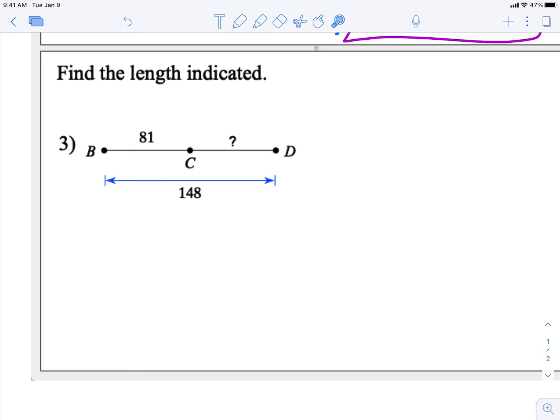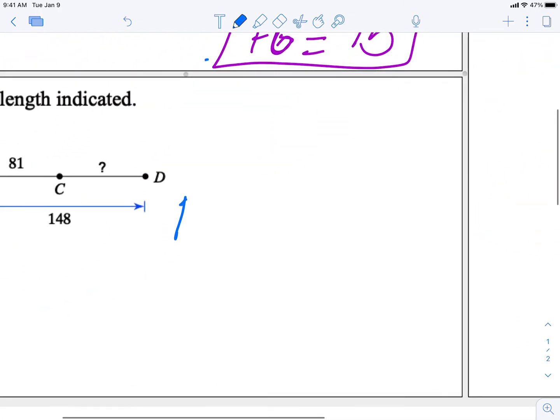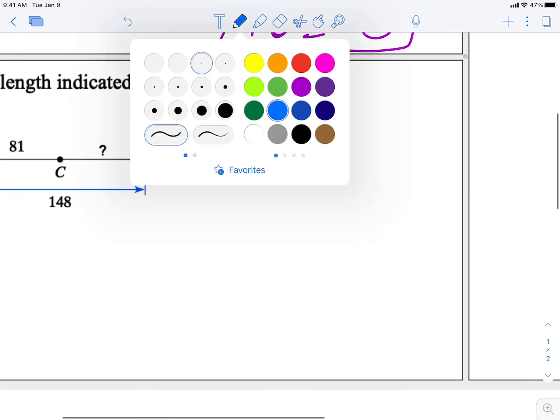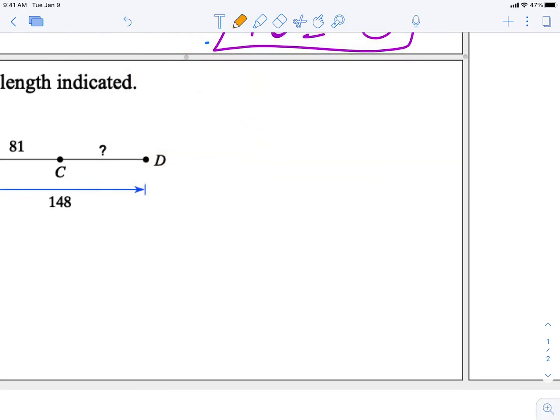So this is C. Point C is between point B and point D, right? So our first segment goes from B to C. I have to change colors. All right, can't go with the same one.